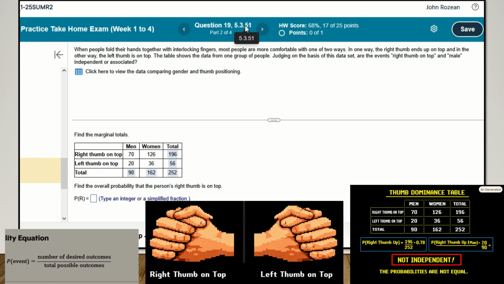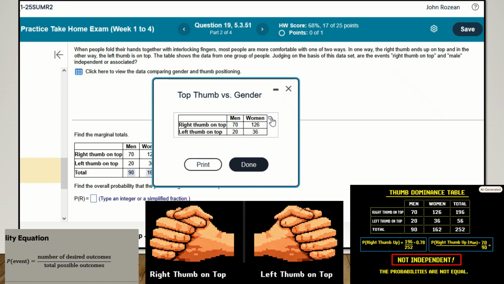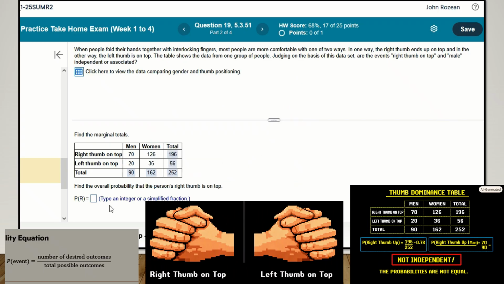We're going to get into conditional probability, I'm going to guess. We could have copied it into Excel or whatever. It's much easier. So the probability that a person's thumb is on top, this is how you fold your hands, either your thumb on top or your thumb tucked in when you make a fist, I guess.